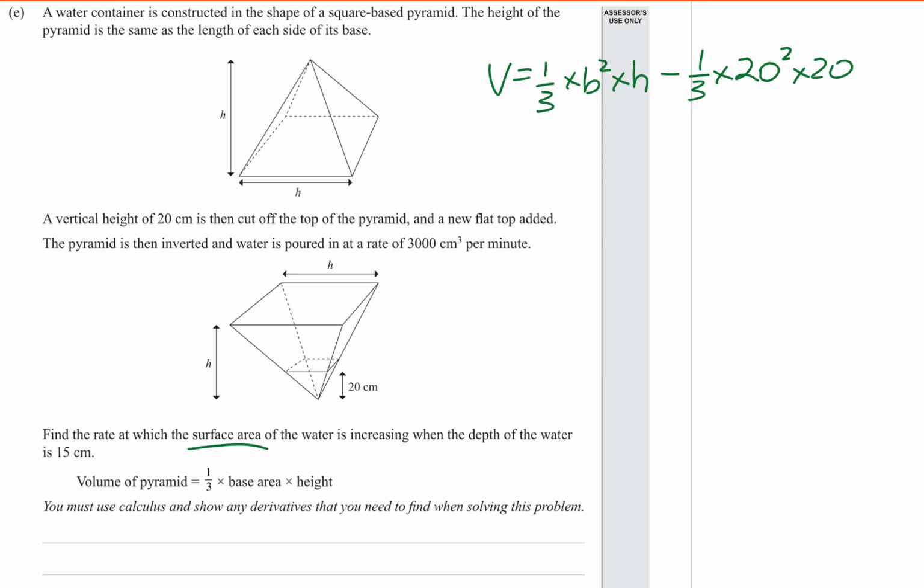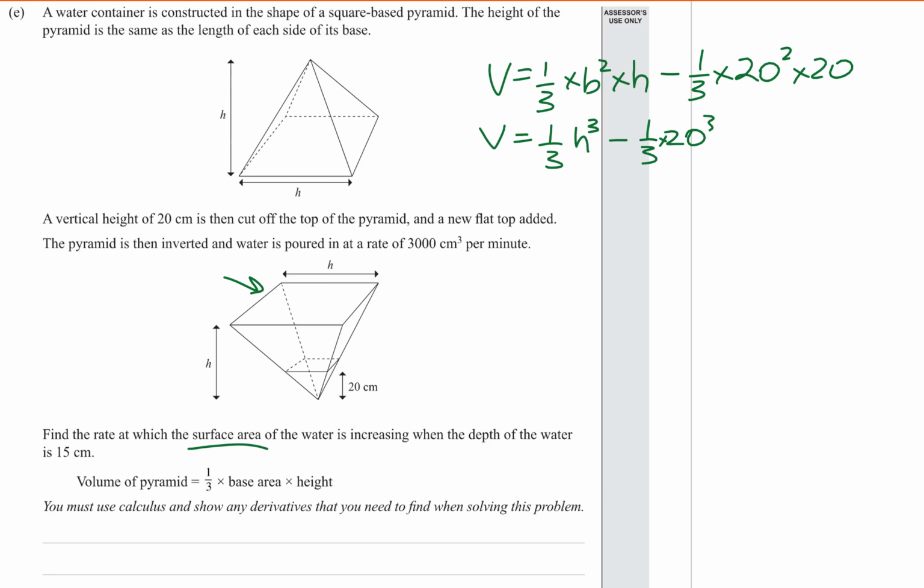Does that make sense? But because the base and the height are the same, you've got a third height cubed minus a third times 20 cubed. So that is the volume of this shape just here. You guys happy with that?